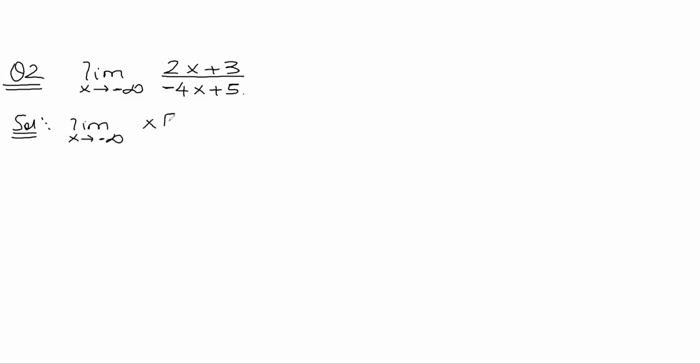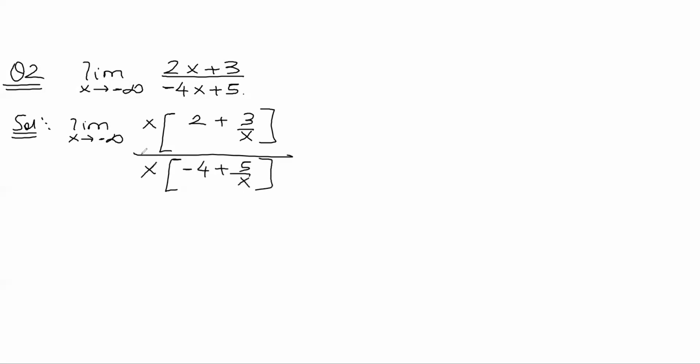Take x common, 2 plus 3 by x. Okay, and here in the denominator again take x common. x and x cancel out, put minus infinity. 2 plus 3 upon minus infinity upon minus 4 plus 5 upon minus infinity.